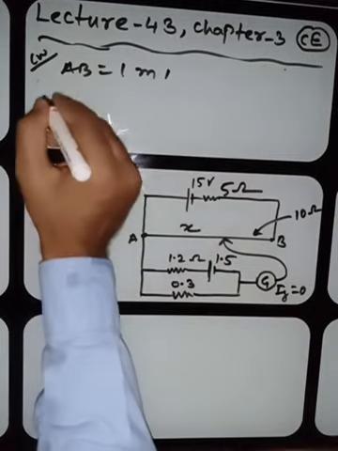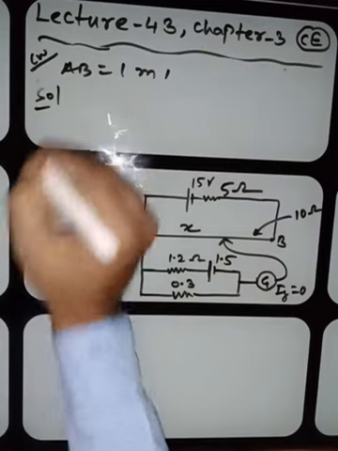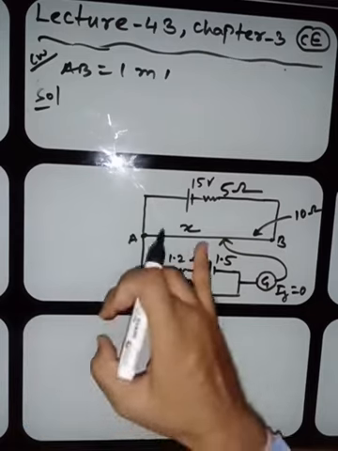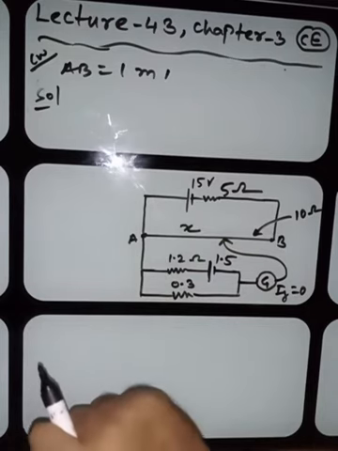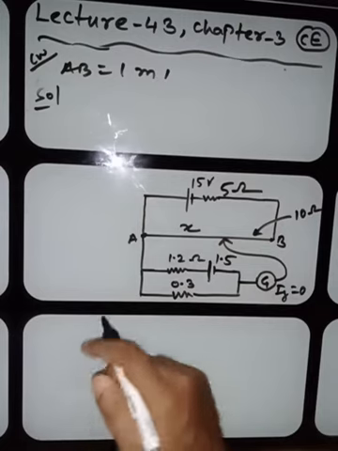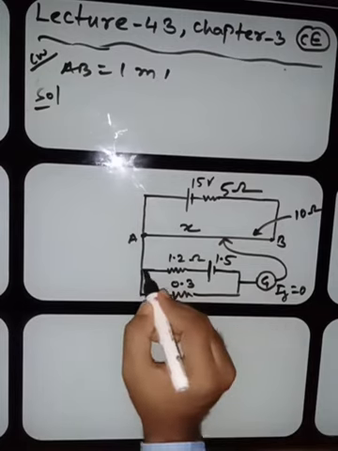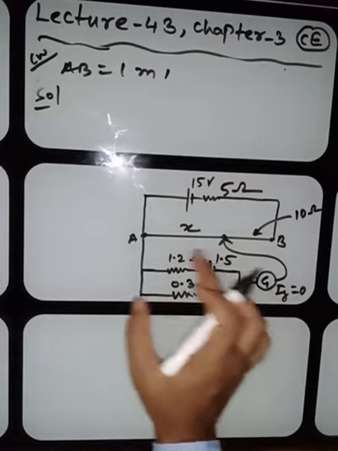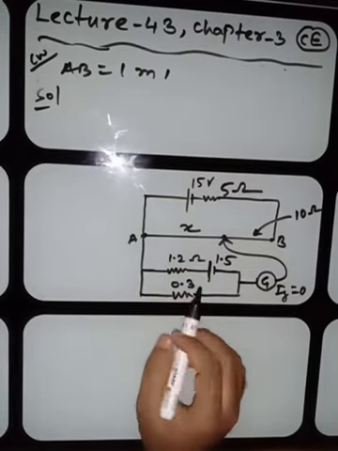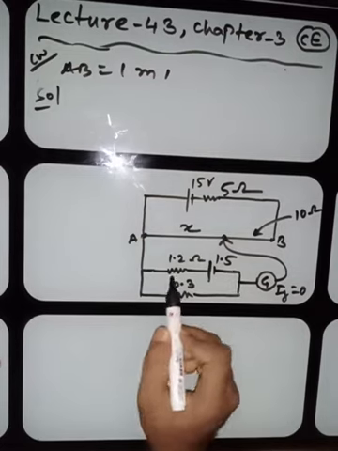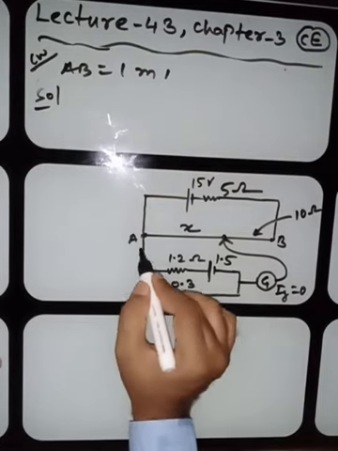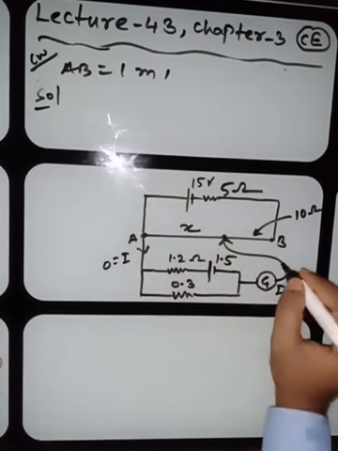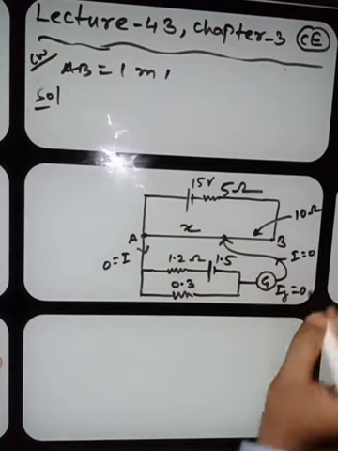Now let me solve. First, our duty is to find the potential gradient, and the potential across these two wires from the given cell. Here the cell is not a single cell. When the current is 0 from here, the current will be 0 over here also, through the galvanometer.